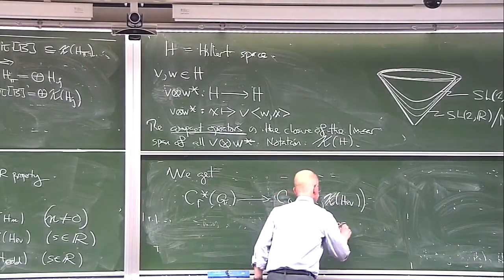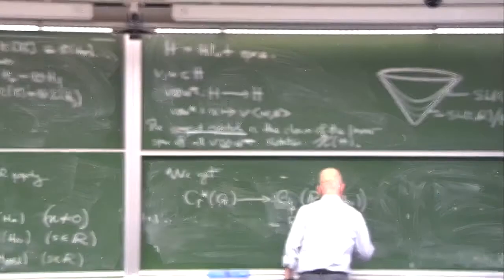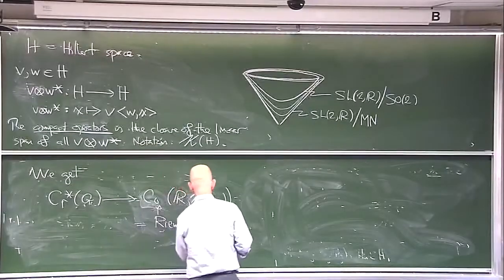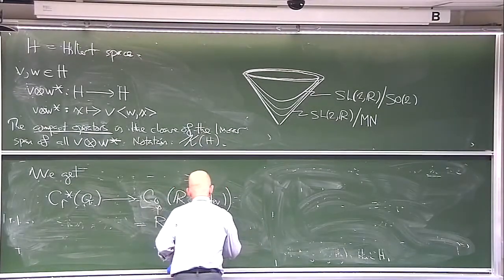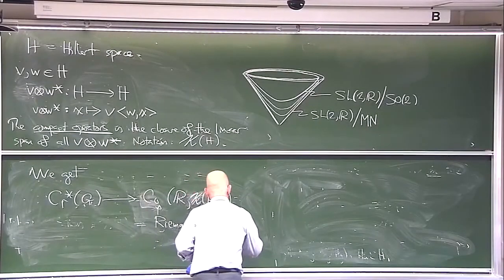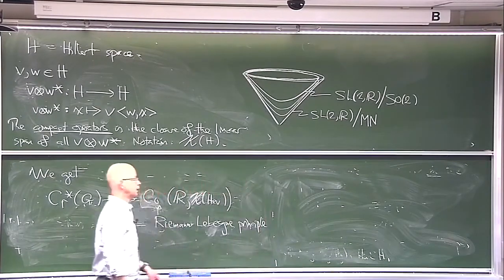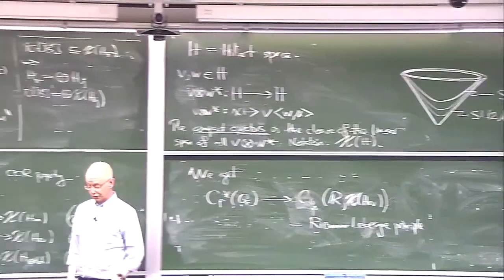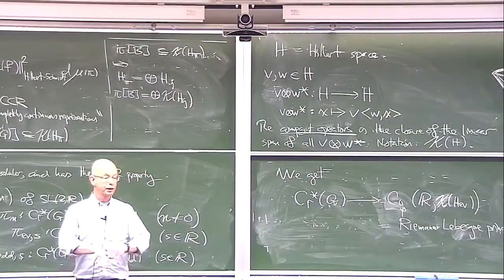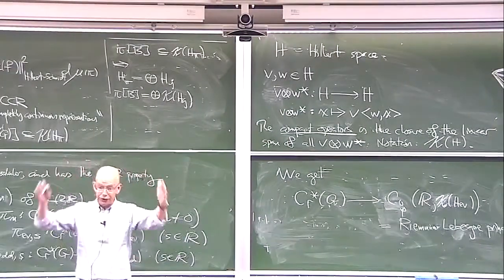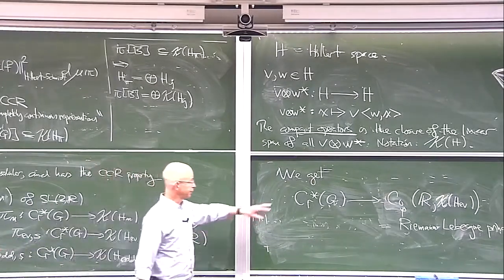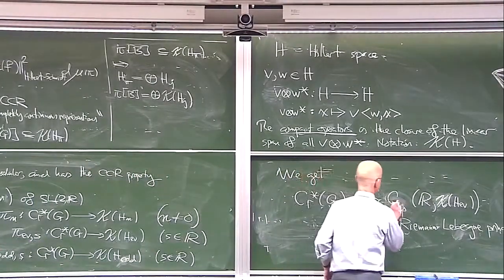In classical Fourier theory, there's something called the Riemann-Lebesgue lemma, which says that the Fourier transform of any, say, continuous and compactly supported function is a function on the line which vanishes at infinity. And it's the same phenomenon here which is responsible for this 0.